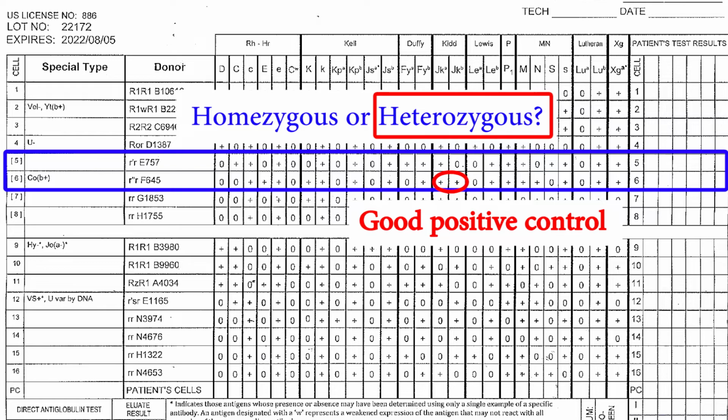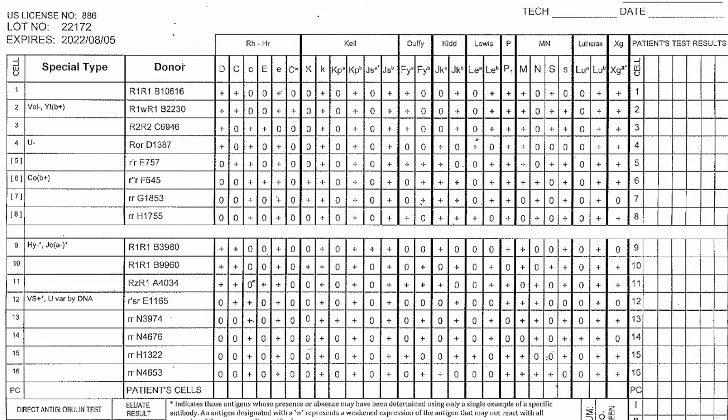A good control would be heterozygous expression of the antigen that we are looking for. Why do we want it to be heterozygous when we only use homozygous cells during antibody identification? Well, we want it to be heterozygous because we want to make sure that the antisera will be able to detect weaker expression.